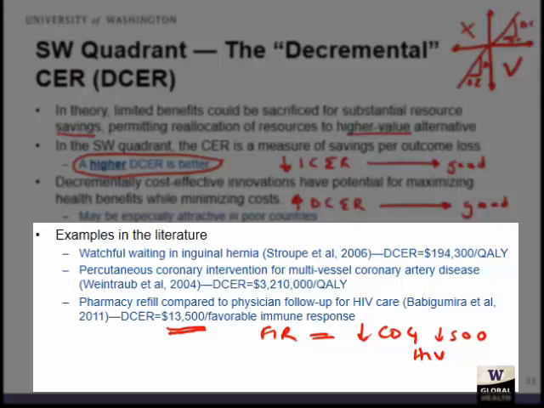Another example is watchful waiting for inguinal hernia, which saved $194,000 per QALY. And there was this PCI for multi-vessel coronary artery disease, and in this study by Weintraub, the DISA was essentially $3.2 million. So this would be considered to be a valuable intervention, essentially, despite the marginal reduction in effectiveness.